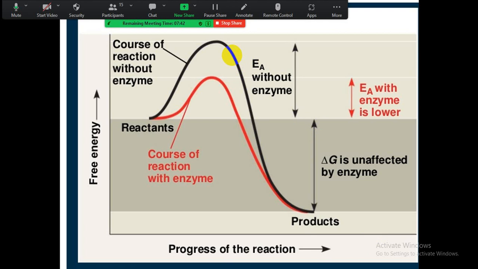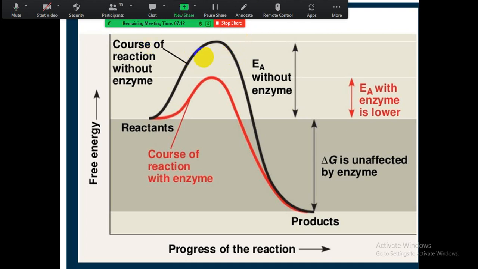Won't you be dead by then? You will be dead. But if enzymes are in your body, you take the medicine and within 10, 15 minutes, the medicine has started working. Because the enzymes in the body are breaking down the medicine to release the active ingredients to help remove the pains or the infection that you are encountering. So that is the essence of enzymes.